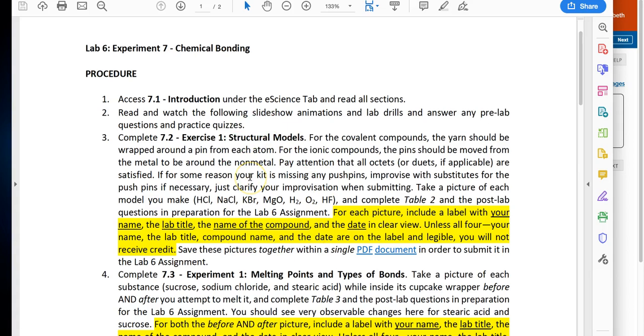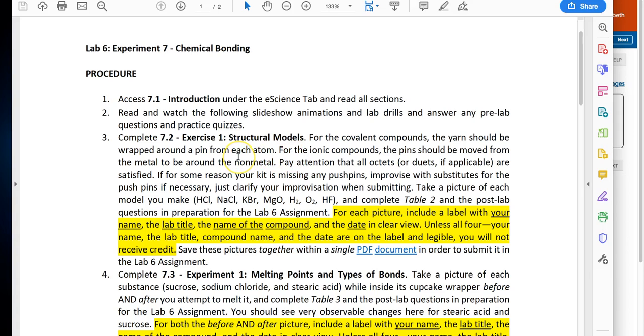This first part is structural models, where you're going to use your cardboard, and we're going to be looking at covalent and ionic compounds, with some tips and hints as we make the covalent compounds. The yarn should be wrapped around a pin from each atom, because in covalent compounds, electrons are being shared.